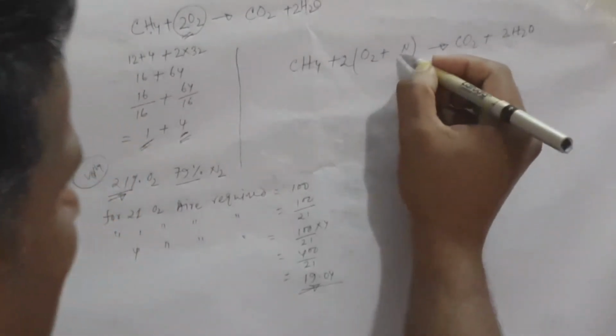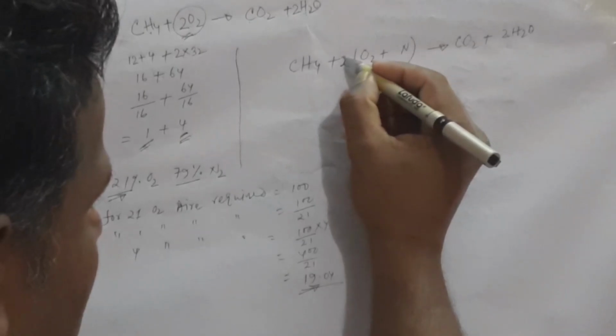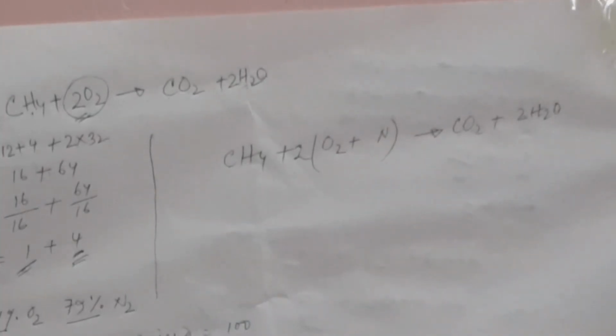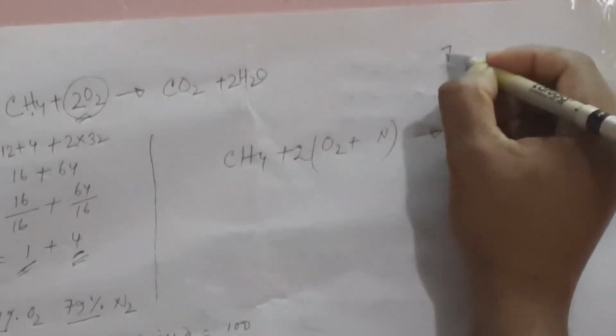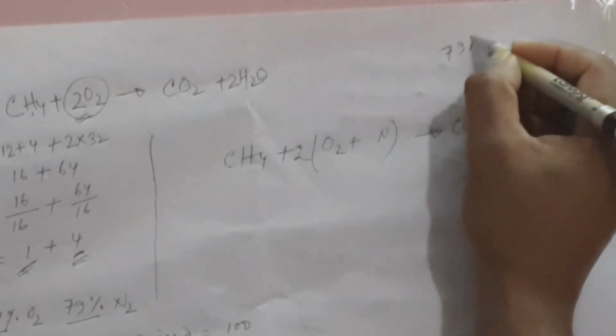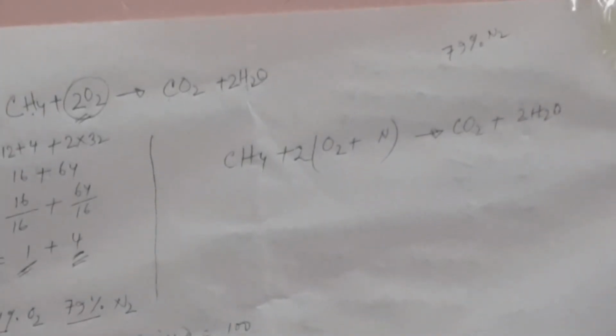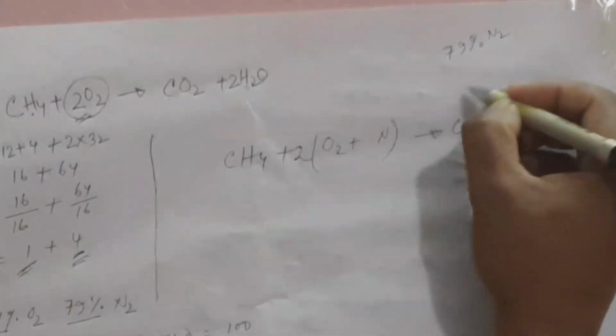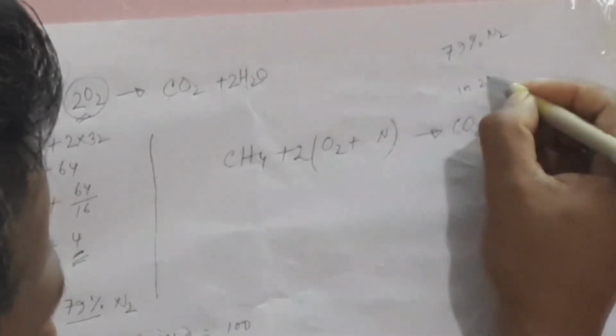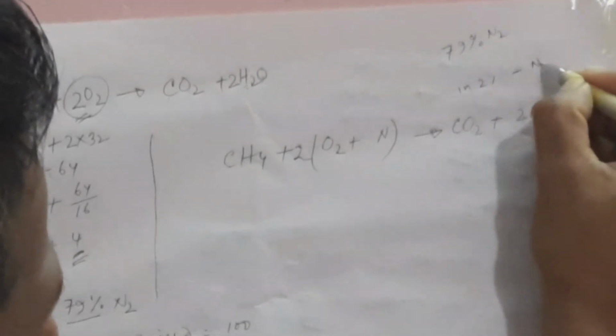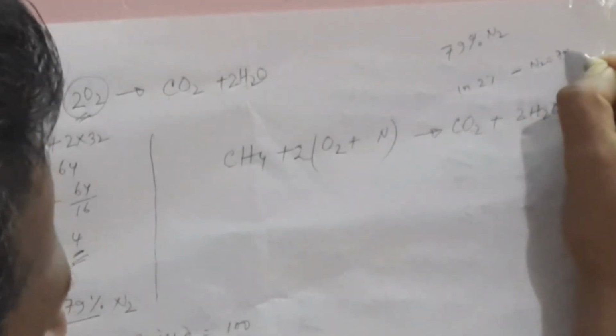But in the air, nitrogen is available how much? 79%. You know this, nitrogen is available 79%. And how much oxygen? 21%. So in 21% oxygen, nitrogen is available 79.